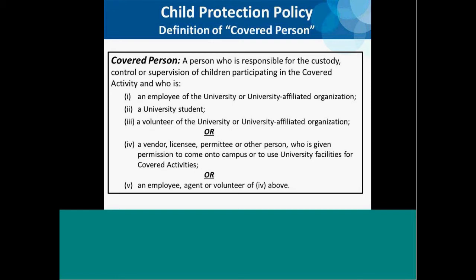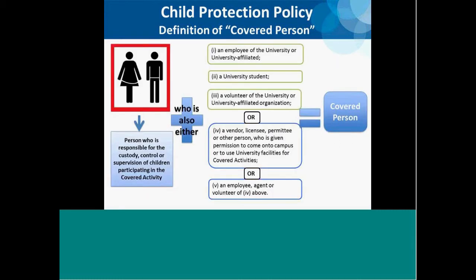Number 4, a vendor, licensee, or permittee, or other person who is given permission to come onto campus or to use university facilities for covered activities. And number 5, an employee, agent, or volunteer of number 4 above. This slide provides a graphic representation of the definition of covered person.